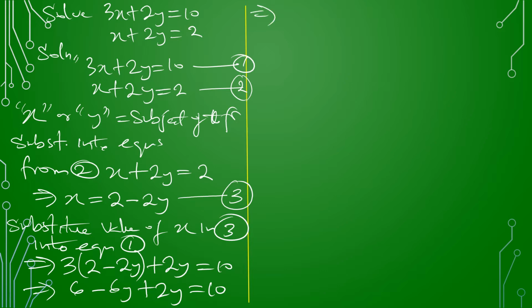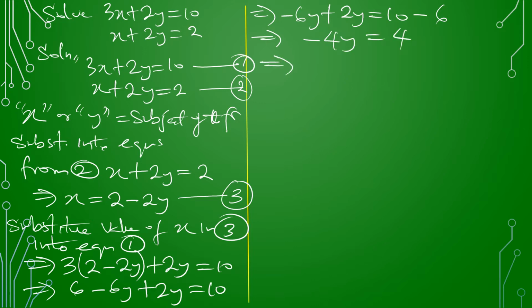This simply means we have minus 6y plus 2y equal to 10 minus 6. Taking 6 the other way, it becomes negative. We now have minus 4y is equal to 4. Dividing through by 4, we have minus y is equal to what? 4 over 4, which is 1. We now have minus y equal to 1. Multiplying both sides by minus 1, we now have that y is equal to what?